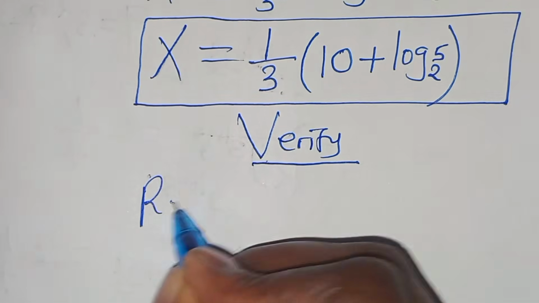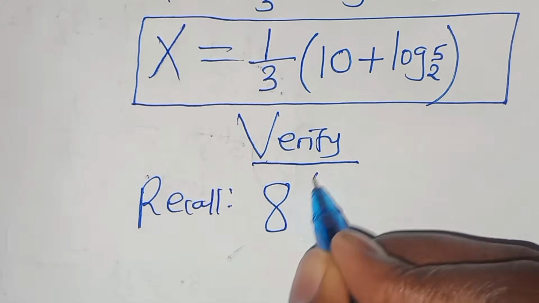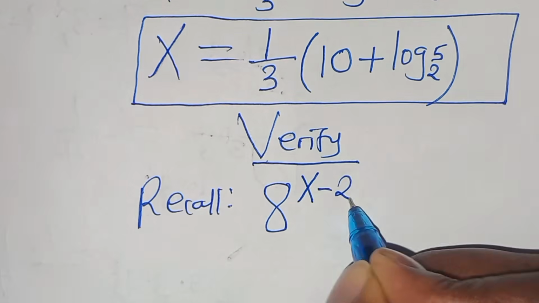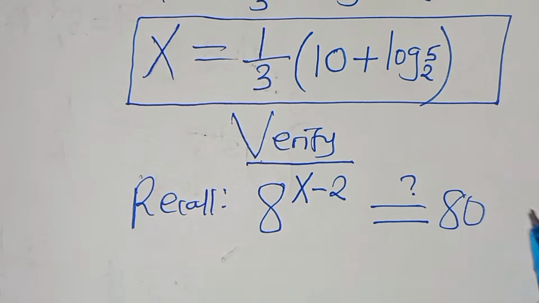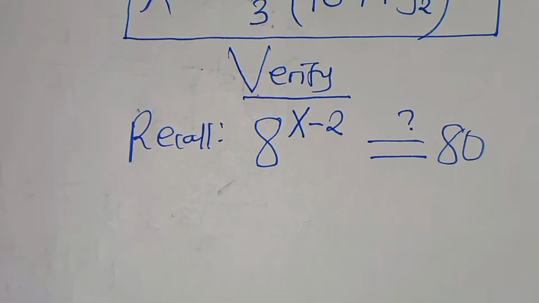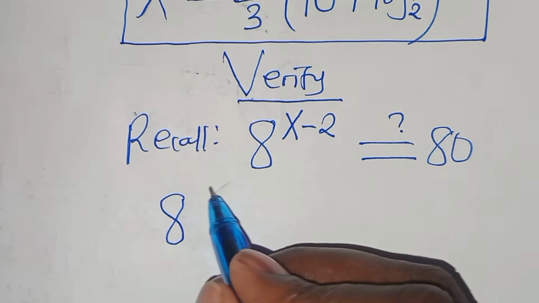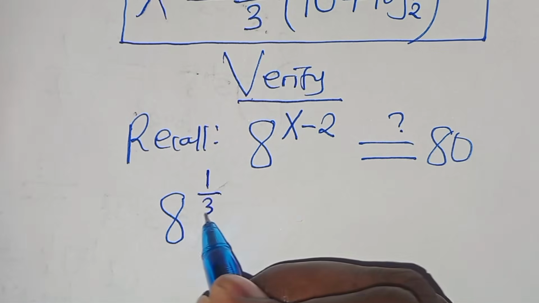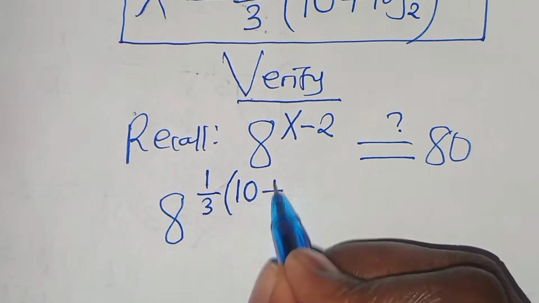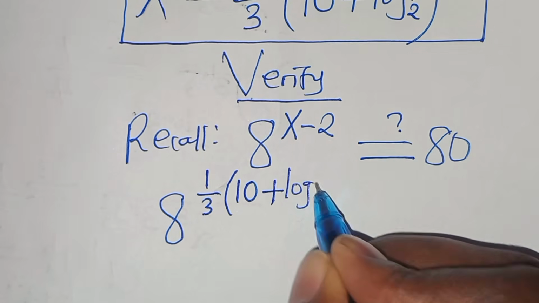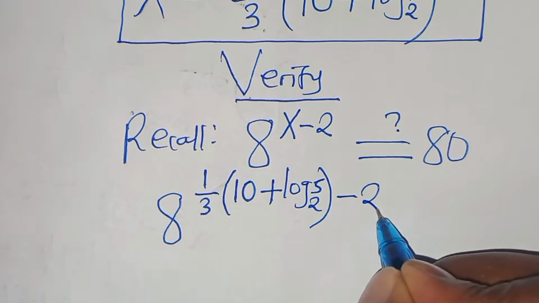Now, if you recall, we end at 8 to the power of x minus 2. This is supposed to give us a value of 80. Substituting the value of x, we have 8 to the power of 1 over 3 into the parentheses, this is 10 plus log 5 to base 2, minus 2.